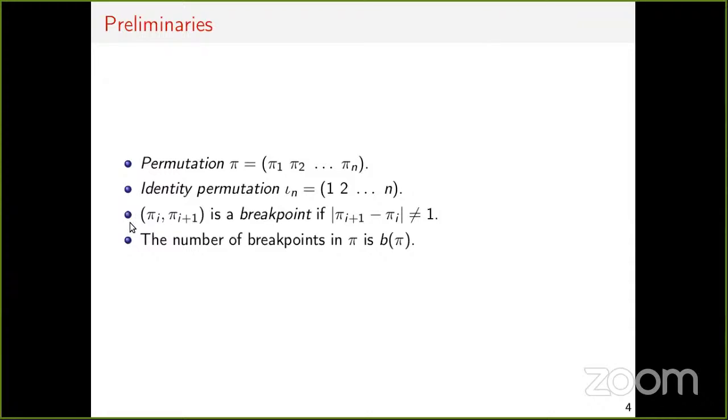That is, if for an element pi i and the element pi i plus 1, the absolute value of their difference is bigger than 1, they form a breakpoint in the permutation pi. We also say that the number of breakpoints in a permutation pi is b of pi.